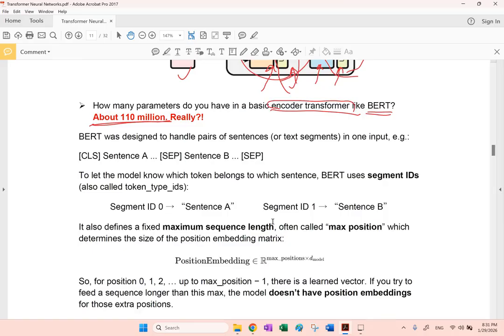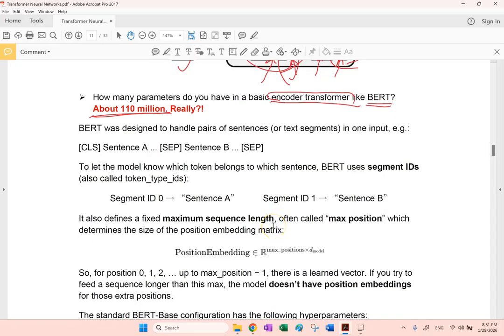First of all, it could handle pairs of sentences in one input. What does it mean? It means if you have a clear screen and then sentence A, then a separation, and then sentence B and again separated, the model allows you to know which token belongs to which sentence.